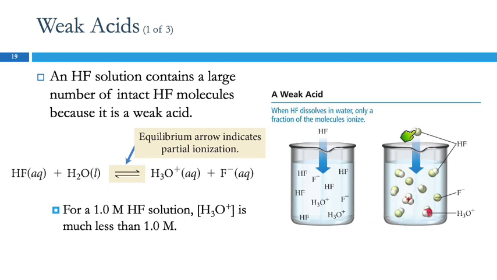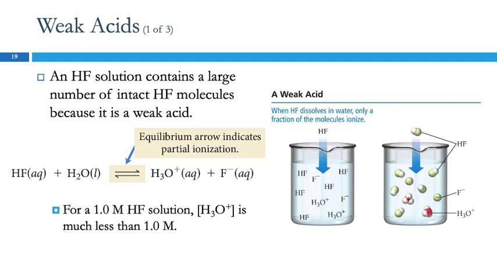So here's the HF, and some of it ionizes, but some of it does not. And so we still have these intact HF molecules floating around. If we want to know the hydronium ion concentration in a 1 molar HF solution, without any other information, all we can say is that it's a lot less than 1 molar.